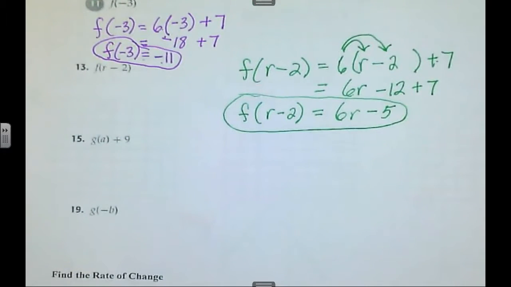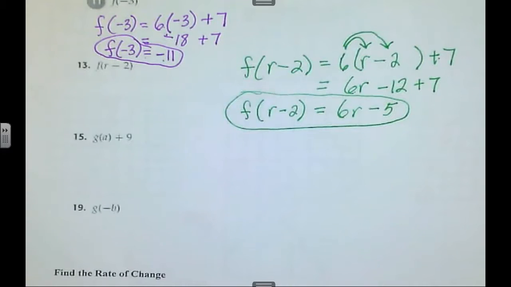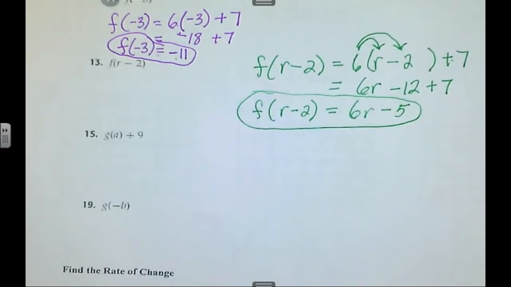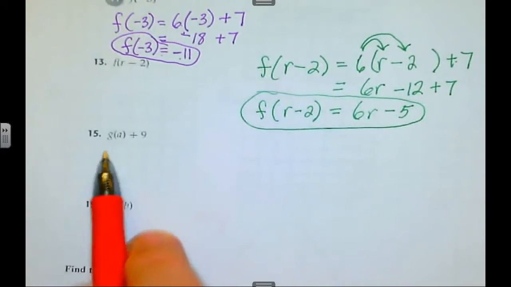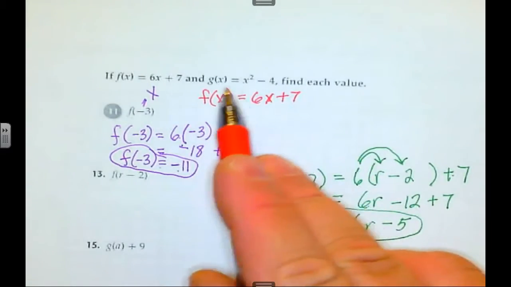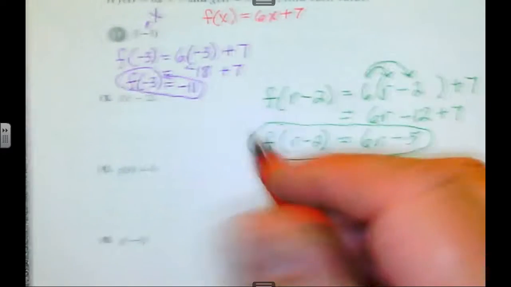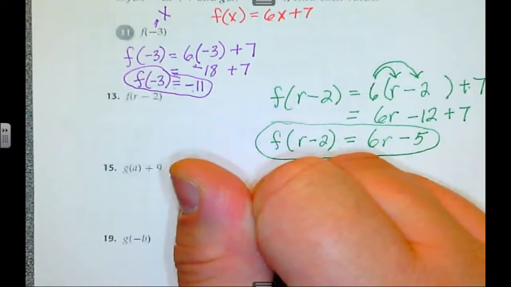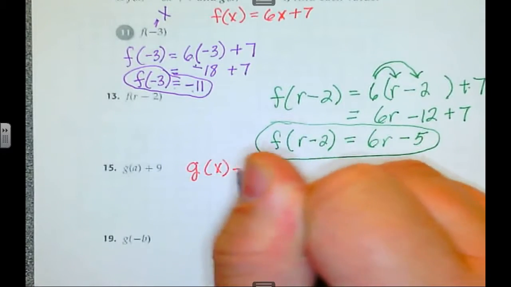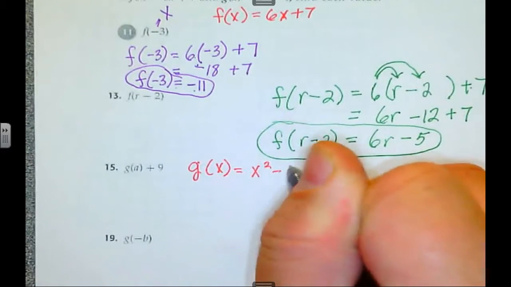How about number 15? Now be careful, because first of all, we have to use which function? The g function, which is x squared minus 4. So let's rewrite that. The g of x is x squared minus 4.